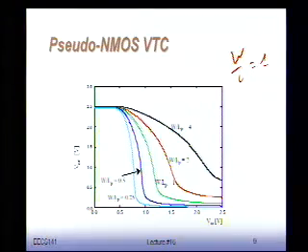I basically make it W over L equal to 4. You can see that this is a pretty lousy voltage transfer characteristic. Noise margins will be sitting somewhere around here and here. And you can see that VOL is substantially above ground.